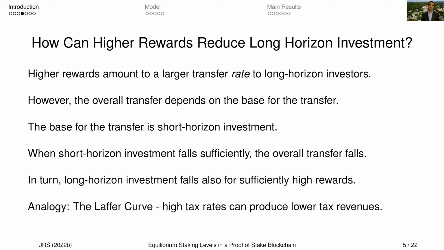When you increase the tax rate, you reduce the aggregate amount that you're taxing. So you have to weigh the increase in the rate against the reduction in the base. Initially, the reduction in the base is not sufficient to dominate the increase in the rate, so when you increase taxes at low rates, you do get higher tax revenue.